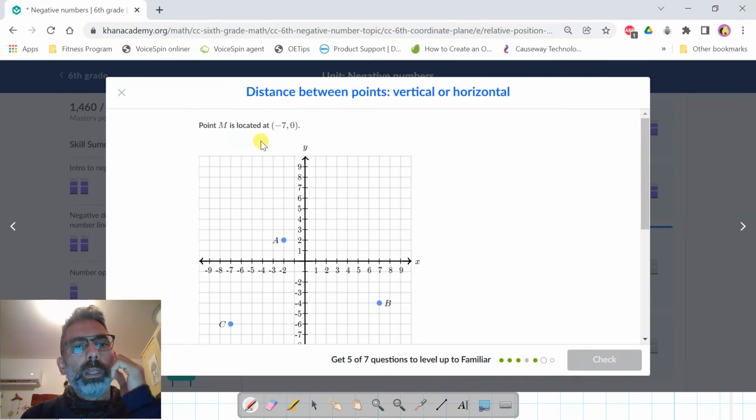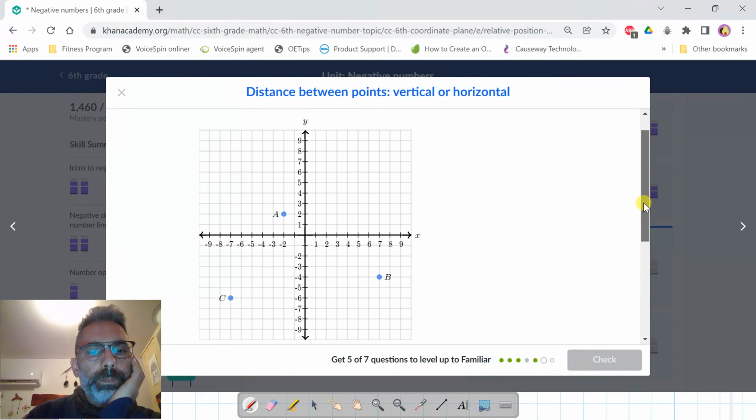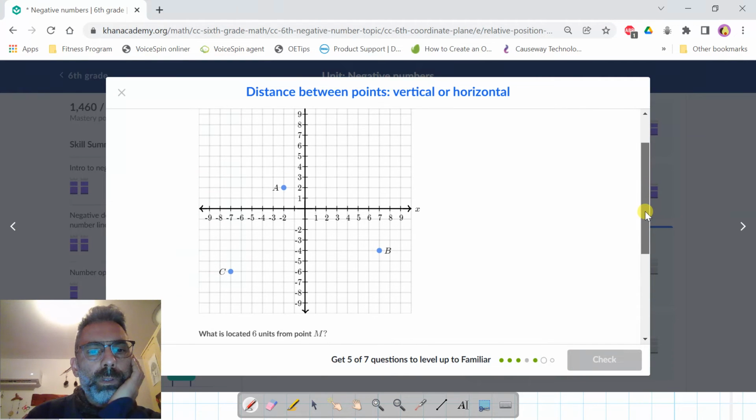Point M is located at -7 and 0. Okay. What is located 6 units from point M? -7 and 0.